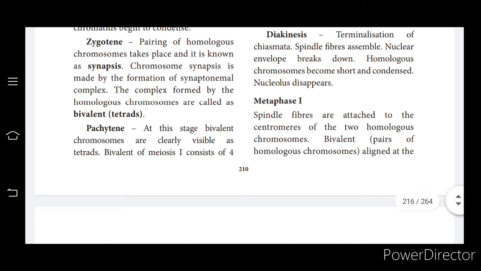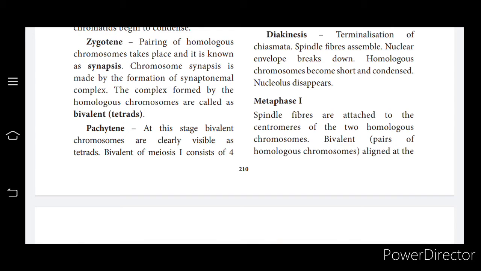Zygotene: pairing of homologous chromosomes takes place on its own. Synapsis occurs, the pairing of the chromosomes. That is what is called synapsis. Once they pair themselves, they split into two to form the tetrad structure.